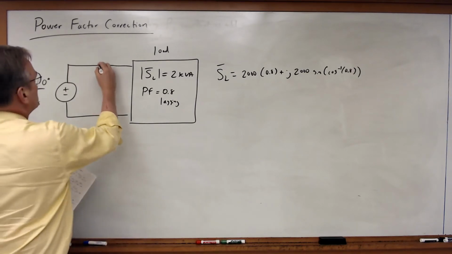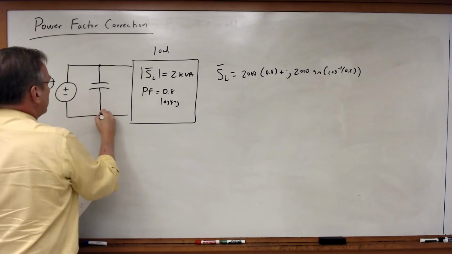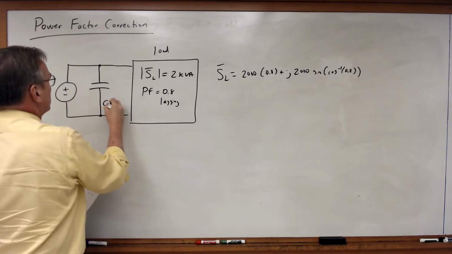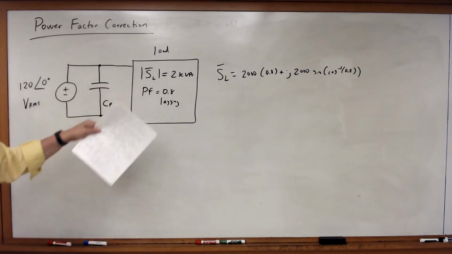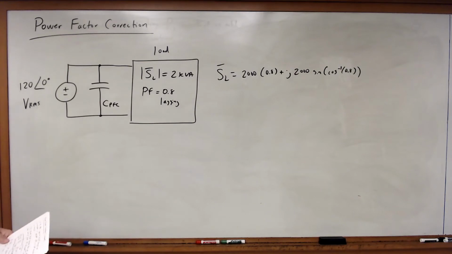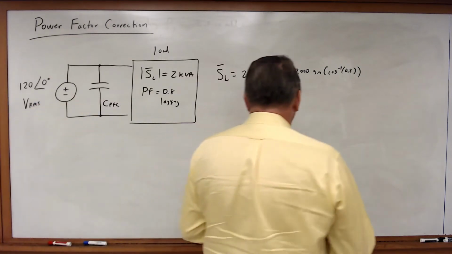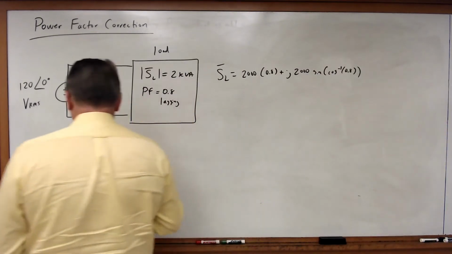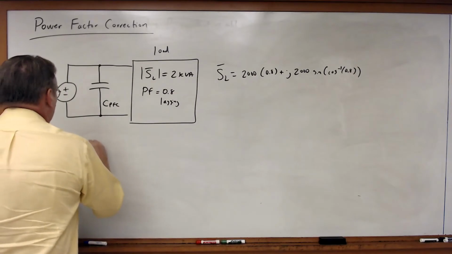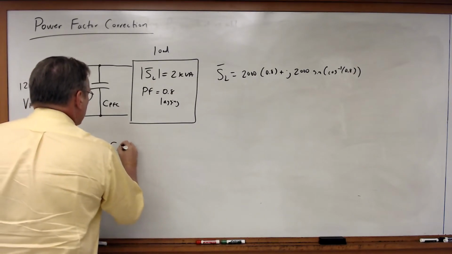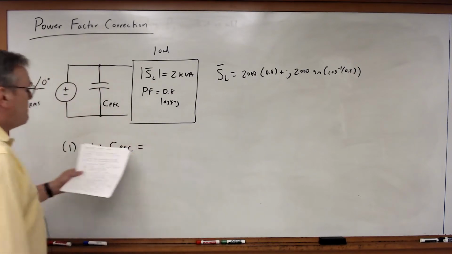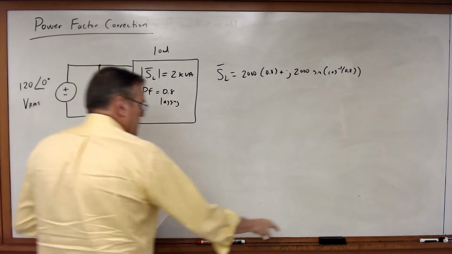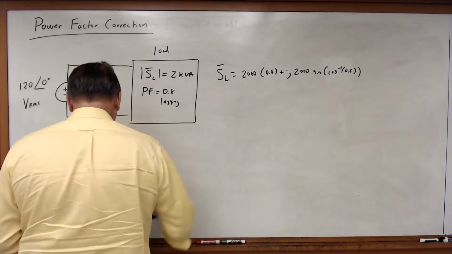And I'm going to connect a power factor correction capacitor in parallel with this load. So what do we have here? I have two questions. First, what value of CPFC gives us a power factor of 1?